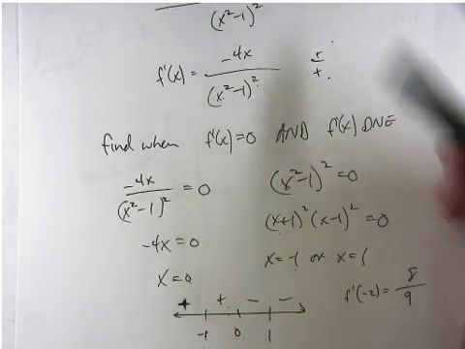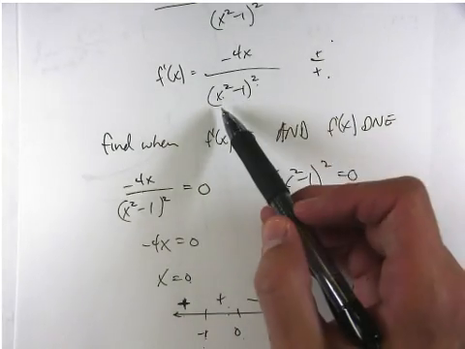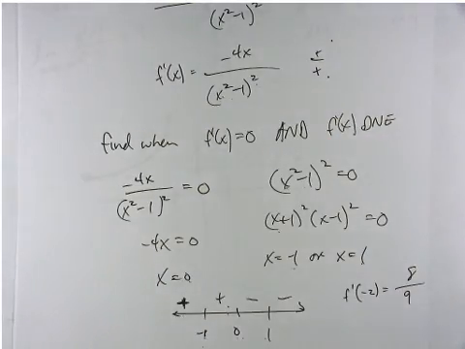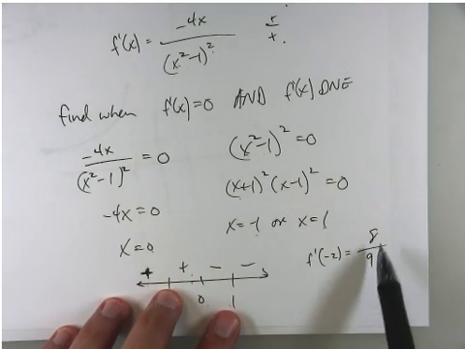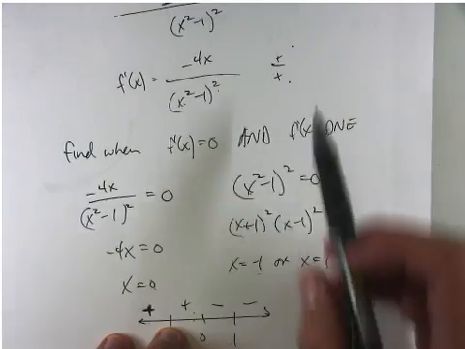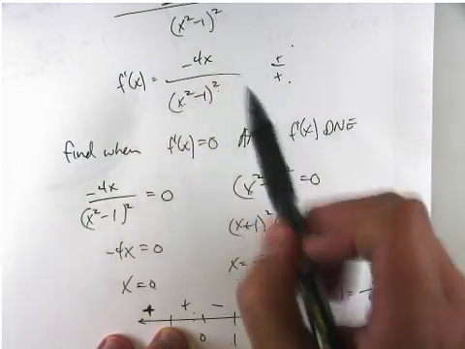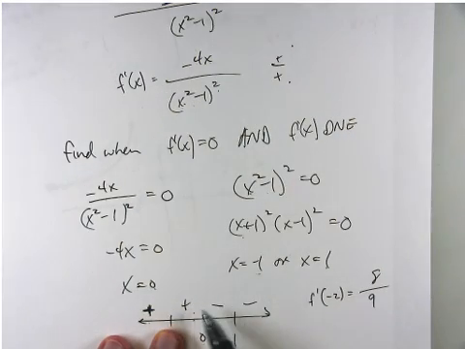This is one of the advantages of having your derivative factored, because if it's factored, you'll be able to tell the sign of the function without evaluating it and trying to figure out that it's 8/9 specifically. You can just say, oh, well, the top is going to be a positive number, the bottom is going to be a positive number, so that function will be plus divided by plus, which is plus.